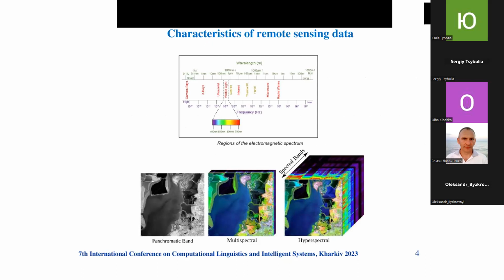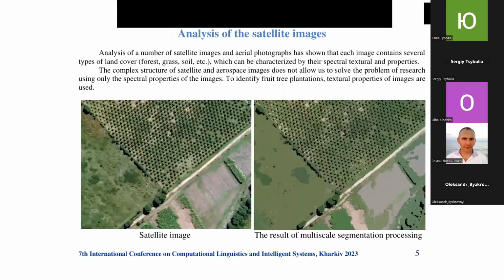It is possible to assess the state and stages of crop growth and determine the vegetation type, and also determine the location of vegetation in images. In this slide, you can see the example of a satellite image that was processed.